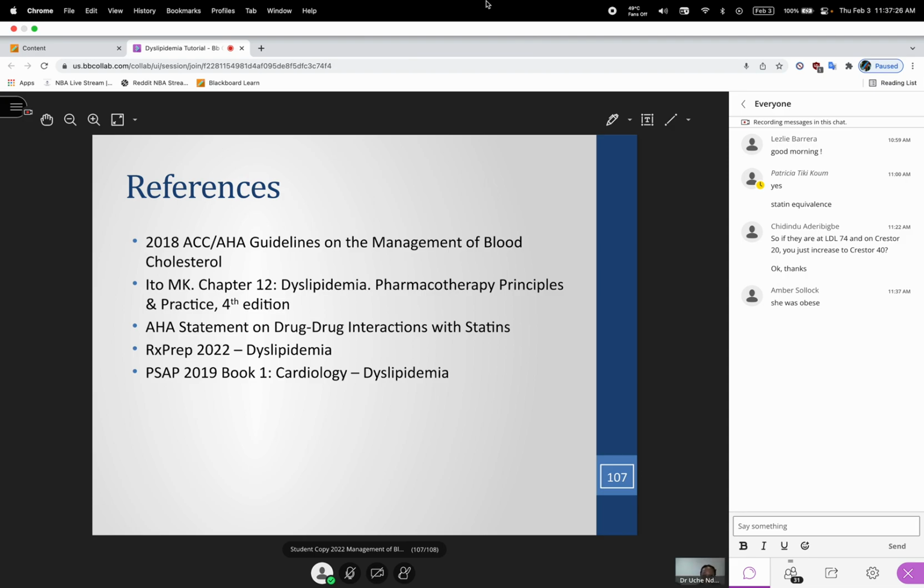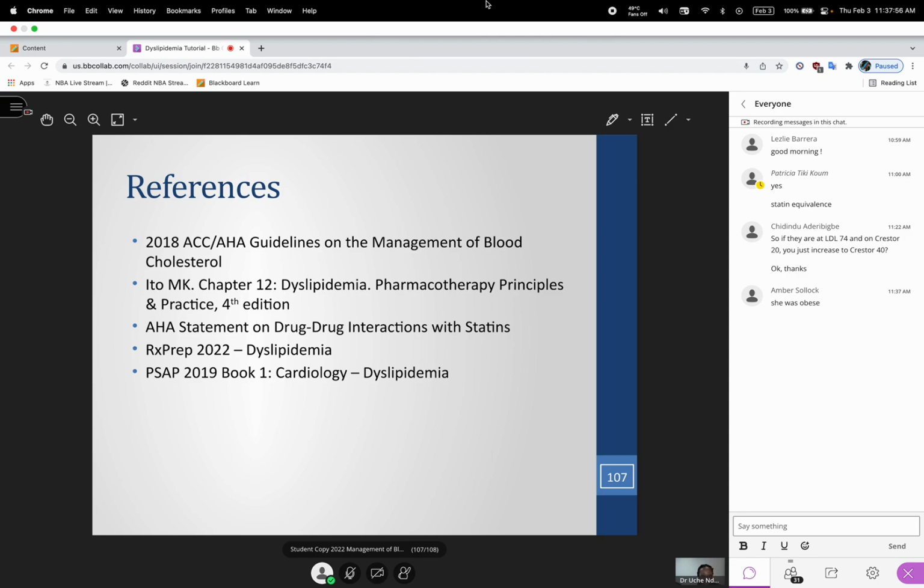The guidelines are not that prescriptive when it comes to that primary prevention. The greater than 20 ASCVD risk definitely gets a high intensity. The borderline and intermediate, you wish that they said very clearly, here's exactly what to do, but they give us the room to decide whether we want moderate or whether we want high.